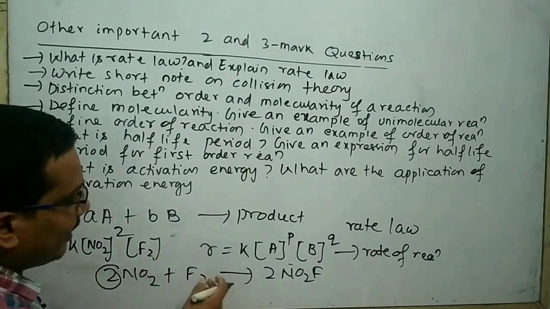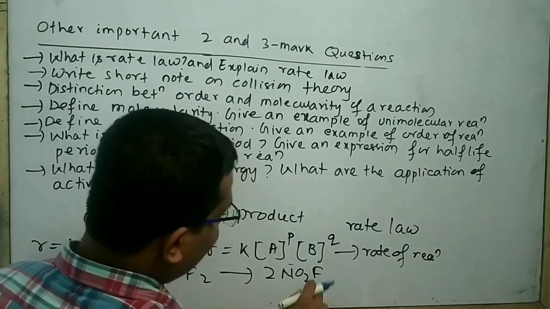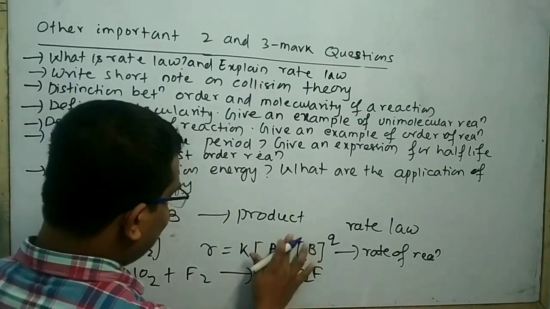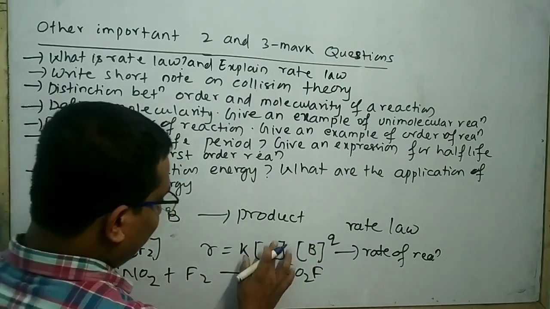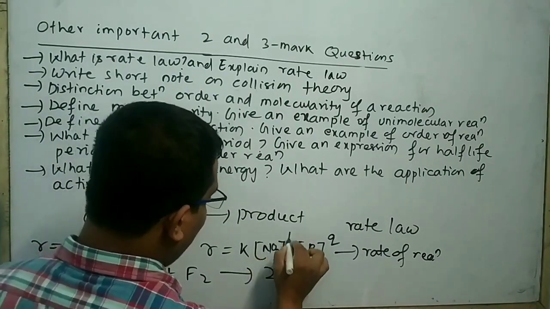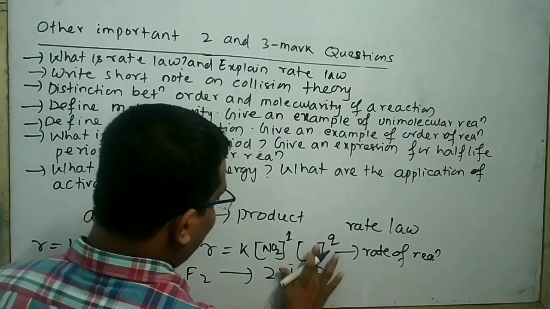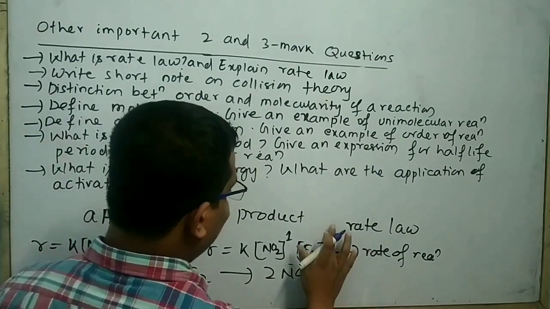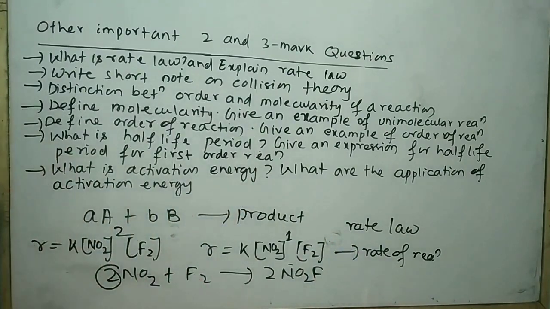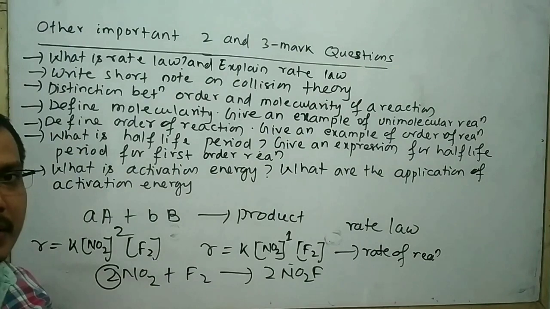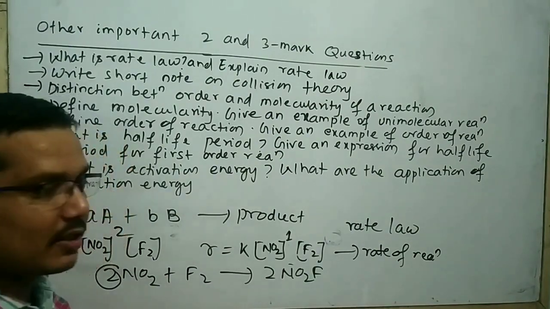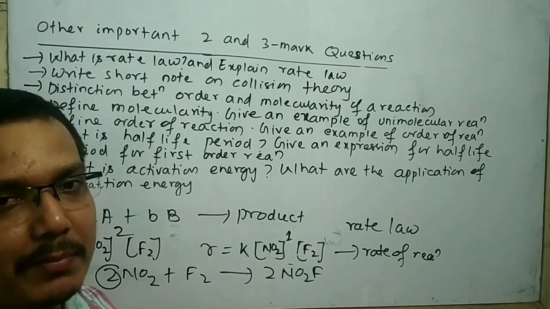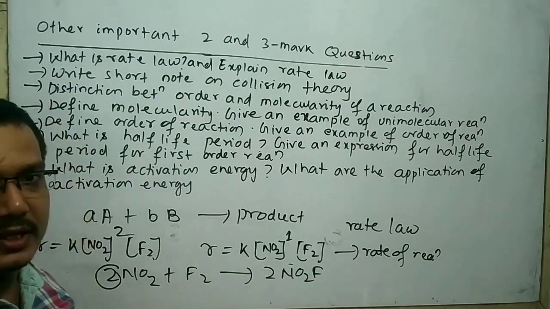So I can write the rate expression according to the rate law like this: R is equal to K into NO2 concentration power 1 and F2 concentration power 1, or you can also not write 1. This is the difference between rate of reaction according to the rate law and the law of mass action. Remember an important point: the rate of reaction according to rate law can be written with the help of experimental data, otherwise it cannot be written.